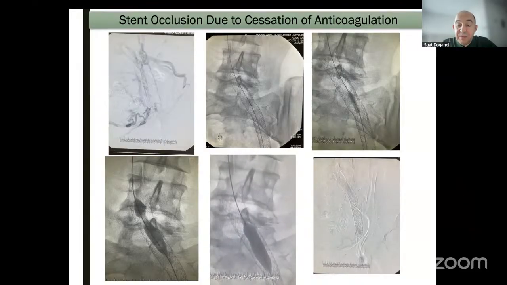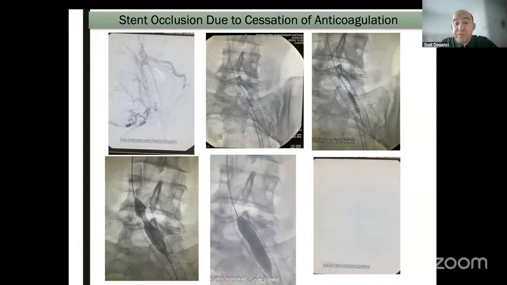It is not as healthy as before, but after recanalization, this stent is still patent. But I think the cessation of anticoagulation without informing us is a big problem.